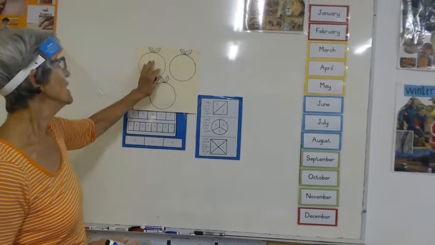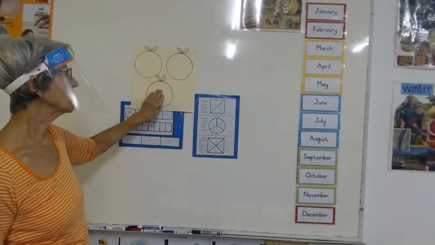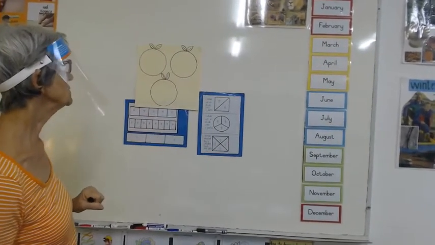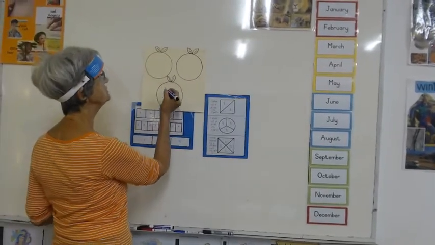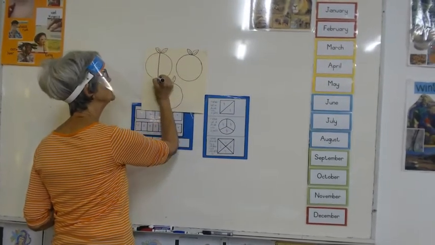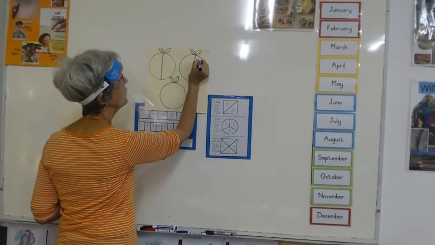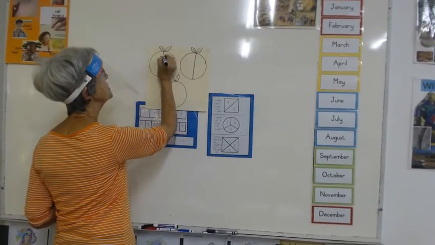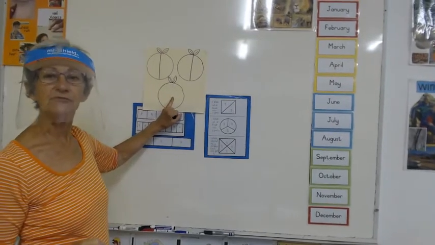So, there's 1, and there's 1. So how am I going to do that? 4 children, each one will get a half there and a half there. So then I have 1, 2, 3, 4. But then there's 1 apple left.